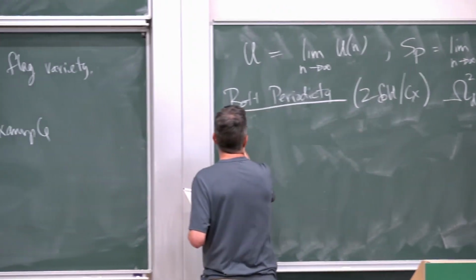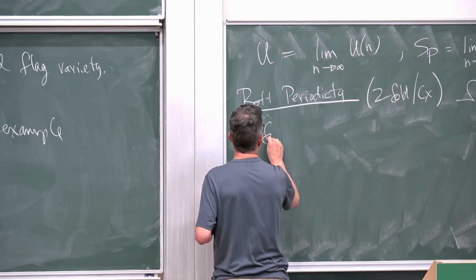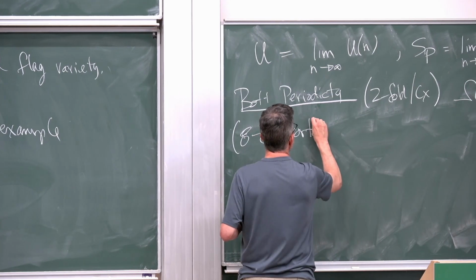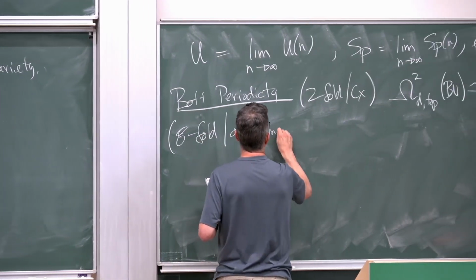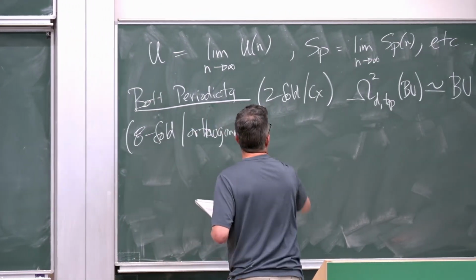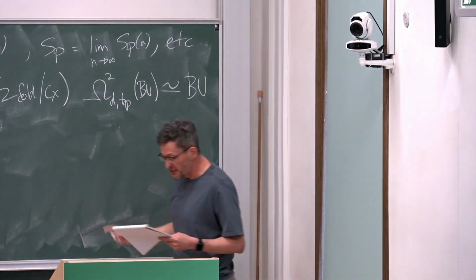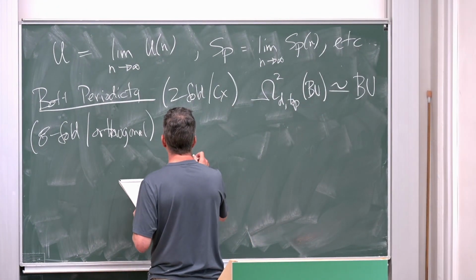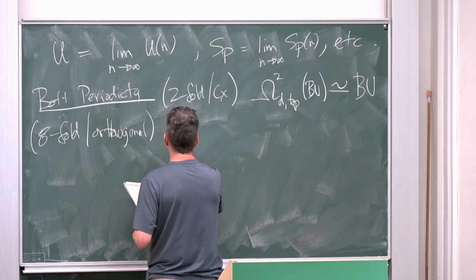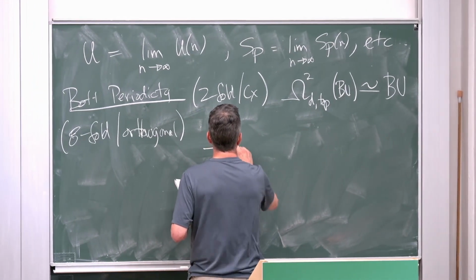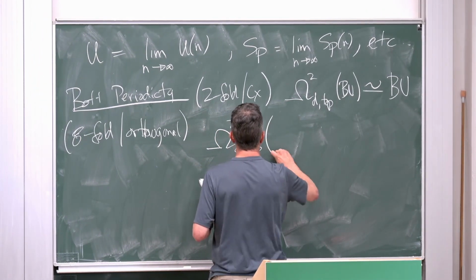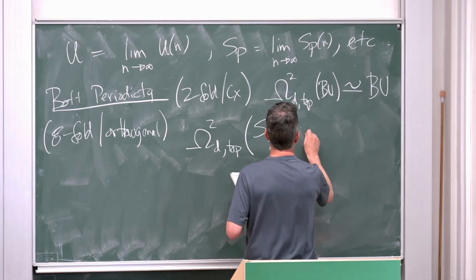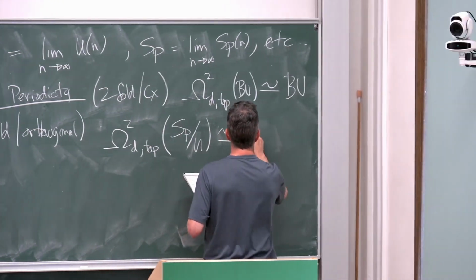And there's also the eightfold, or orthogonal, periodicity. And I can state these as equivalences of double loop spaces. So the way they go is, I'll keep writing this top, Sp mod U is homotopy equivalent to BO.